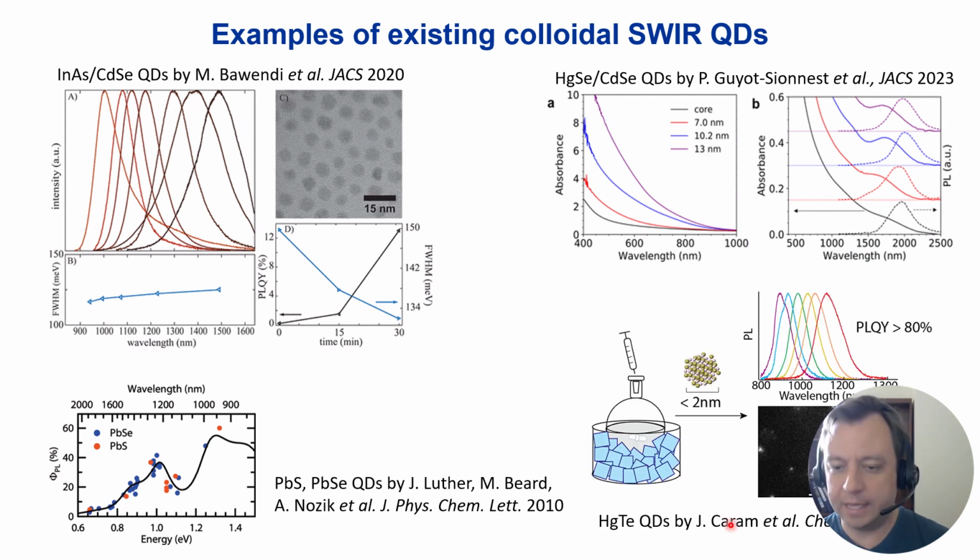And mercury telluride has been picked up in recent years, for example, by Justin Caram at UCLA, who showed emission quantum yields up to 80% for 1100 nanometer emitting dots.